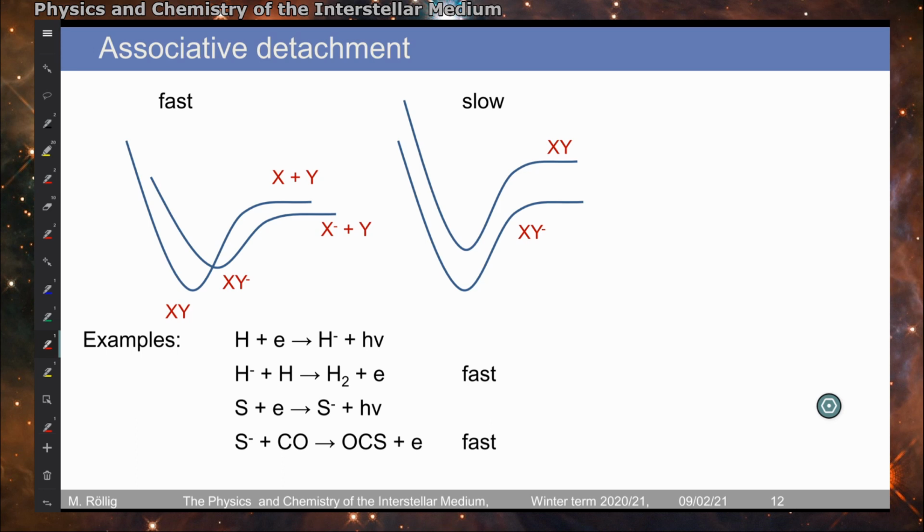So for example, in this particular case, we have here the energy surface crossing between the negative and the neutral variant of the molecule, and this allows for a fast transition from the one to the other, while non-crossing energy surfaces, like in the example here, require a transfer between the two that involves the emission or the absorption of a photon, which we saw is a slow process in the ground states, and therefore the overall reactions will be slower.